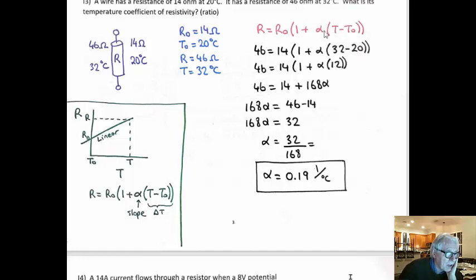So the temperature terms are multiplying on this side, so when they go to the other side they'll divide. So the units are 1 over degree C. This is basically saying you'll get 0.19 per degree C.